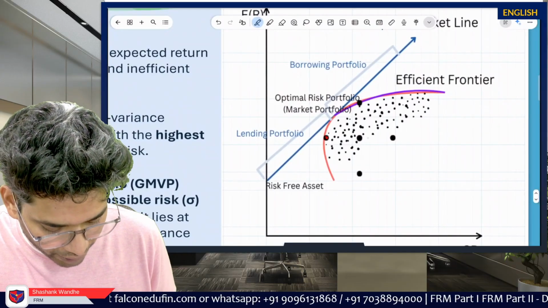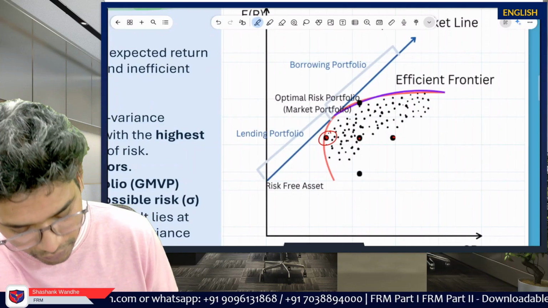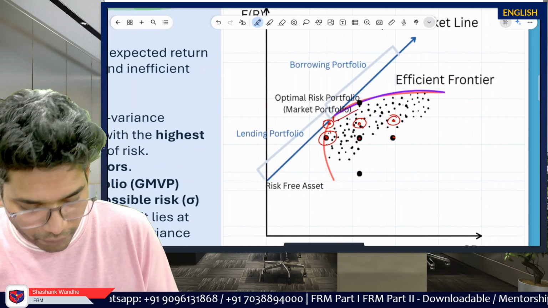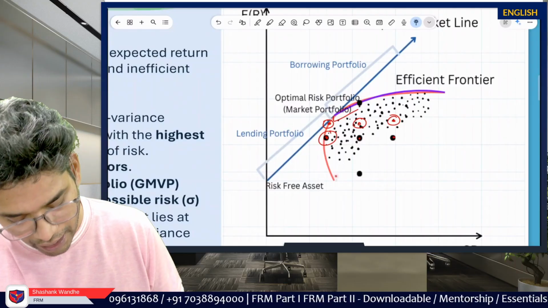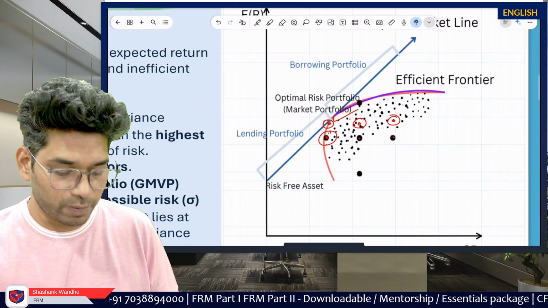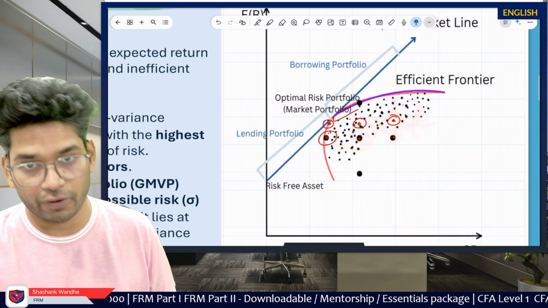So if you consider these points, this particular portfolio is a minimum variance portfolio. If you consider these points, then this particular portfolio is a minimum variance portfolio. All are minimum variance portfolios, and anything beyond this are not minimum variance portfolios.